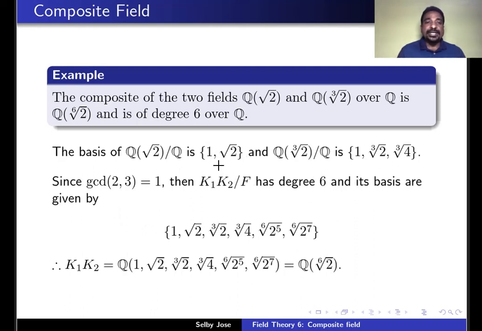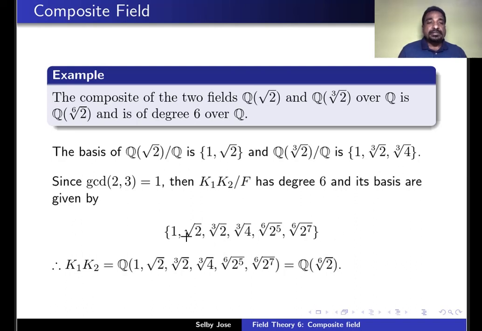That means we get 6 elements: 1, root 2, cube root of 2, cube root of 4, and the product of root 2 and cube root of 2, which gives 6th root of 2 raised to 5, and the product of root 2 and cube root of 4, which gives 6th root of 2 raised to 7.